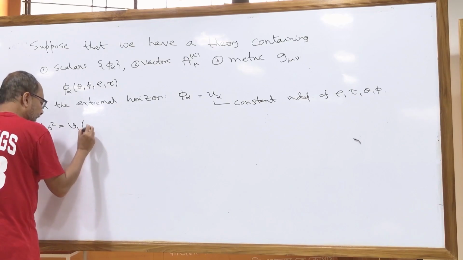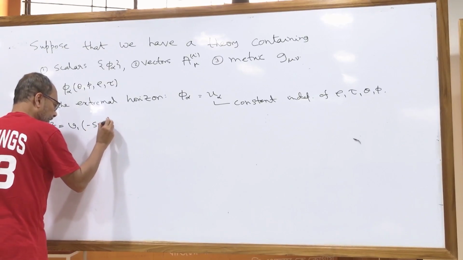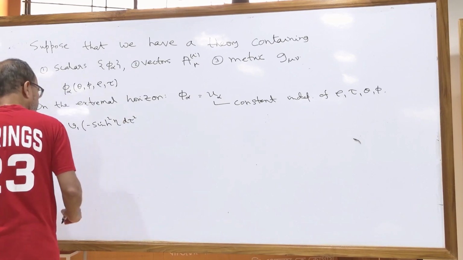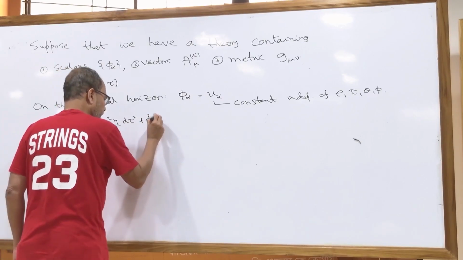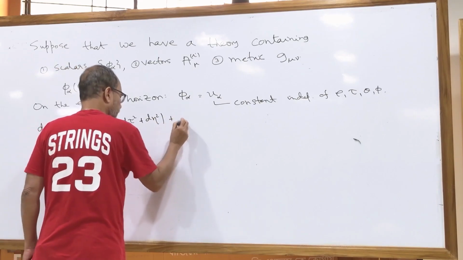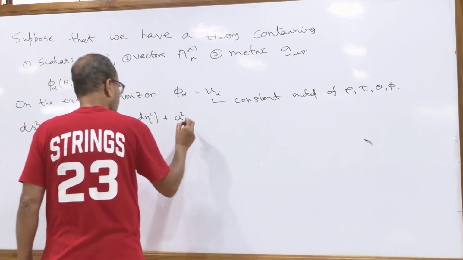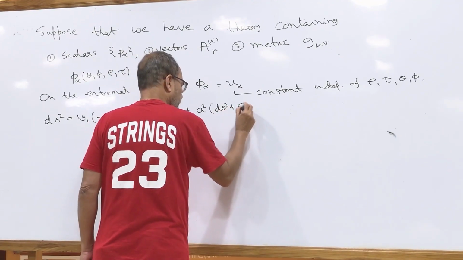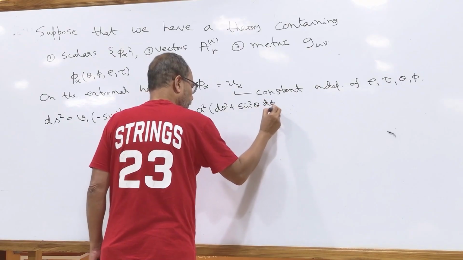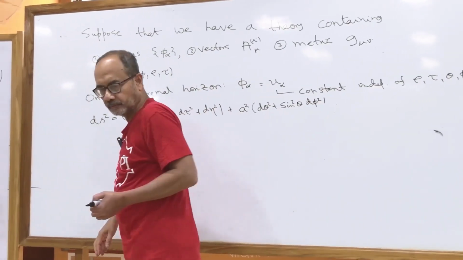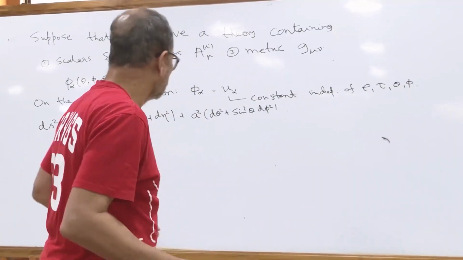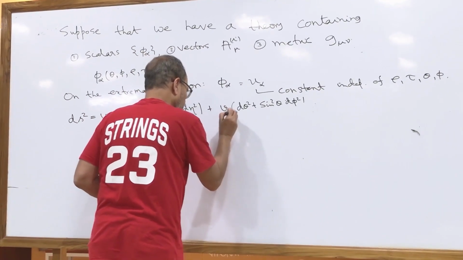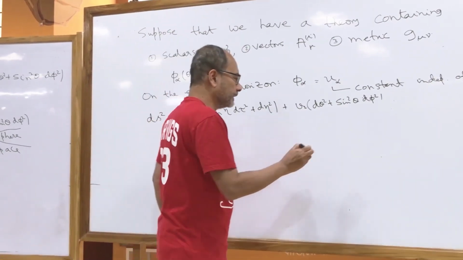So I'll write this with a coefficient V1 for the AdS2 part and here we call this V2 for the S2 part, where V1 and V2 are constants.